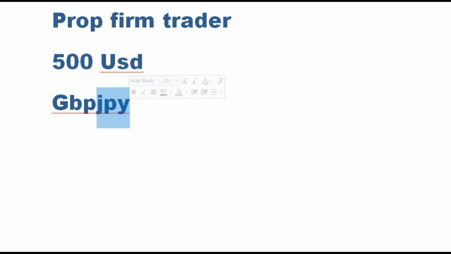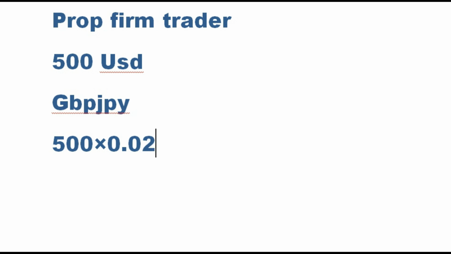Let's first calculate the risk. That is 500 USD times 0.02. In my previous video, I taught you what 0.02 means: it calculates 2% of the entire account.